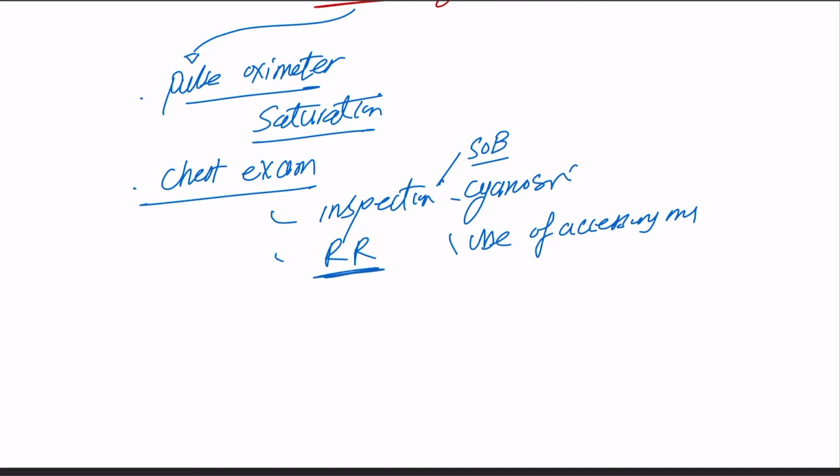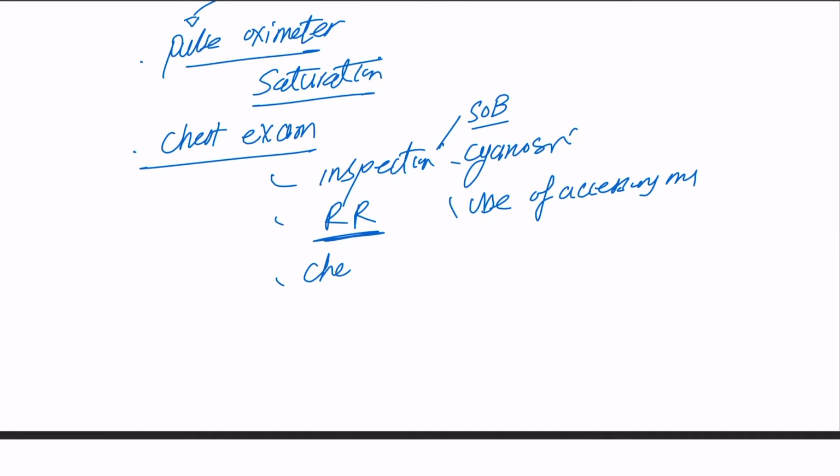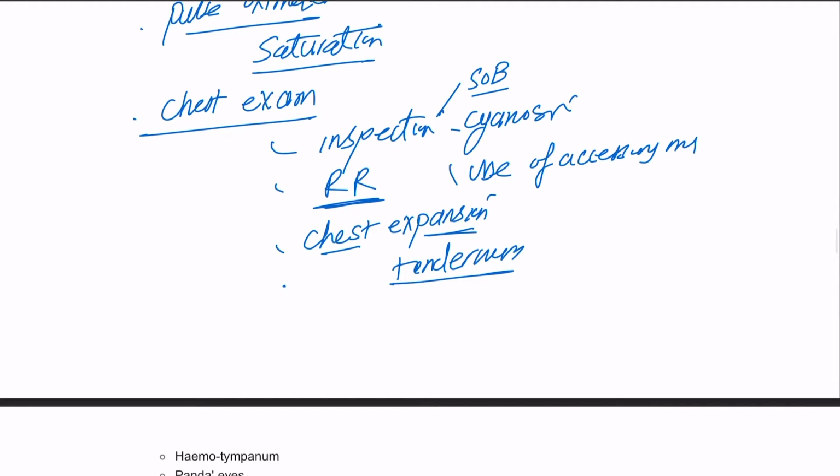Assess the respiratory rate, you check by palpation the chest expansion and the chest tenderness anywhere for rib fracture, and also auscultation. By that we're looking for any decreased air entry.